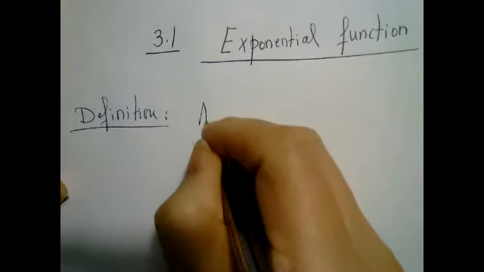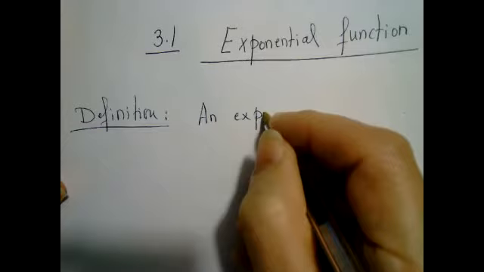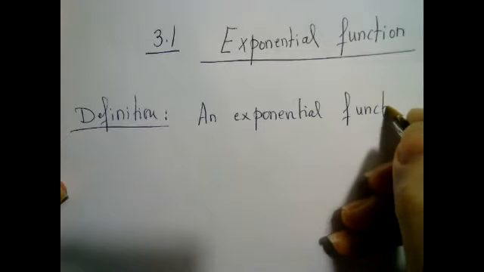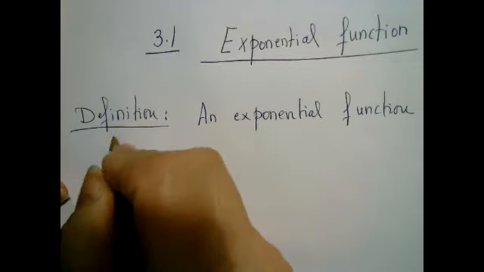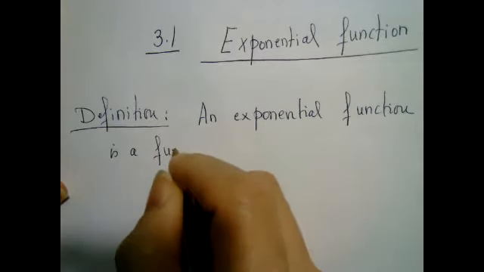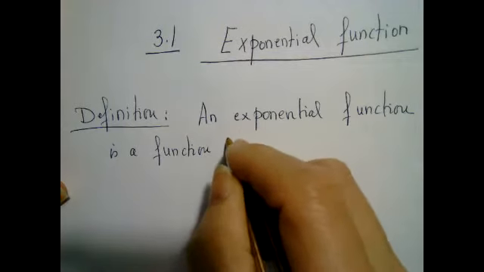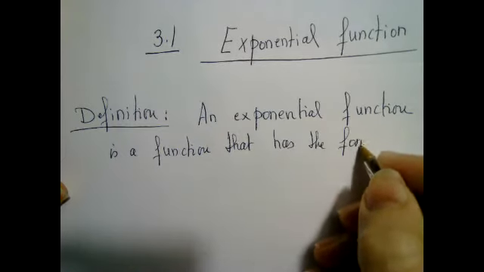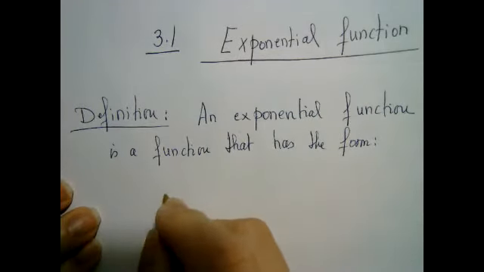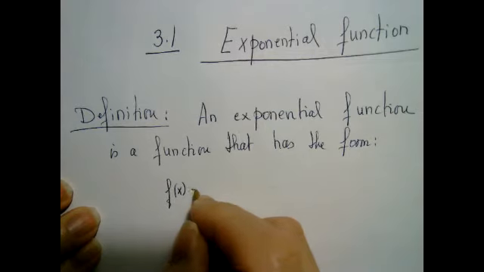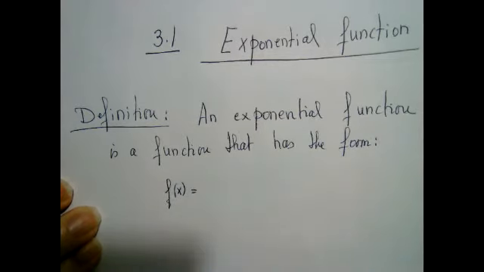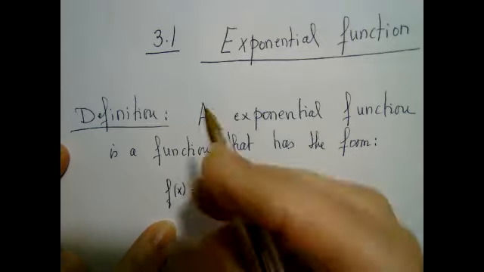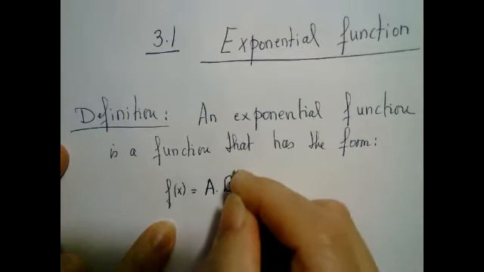An exponential function is a function that has the following form. f of x equals a, it's not the a of the quadratic, we just call it a, times b to the x.